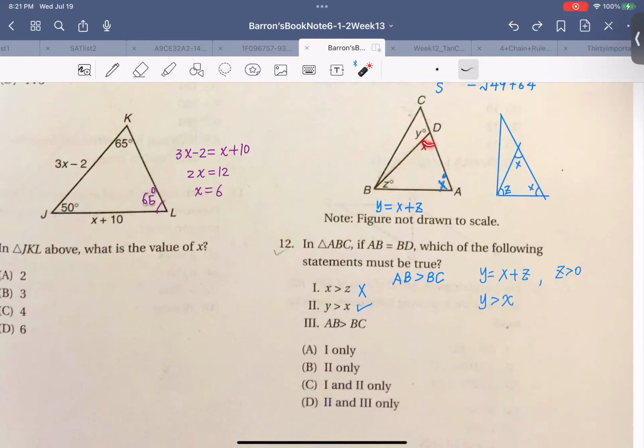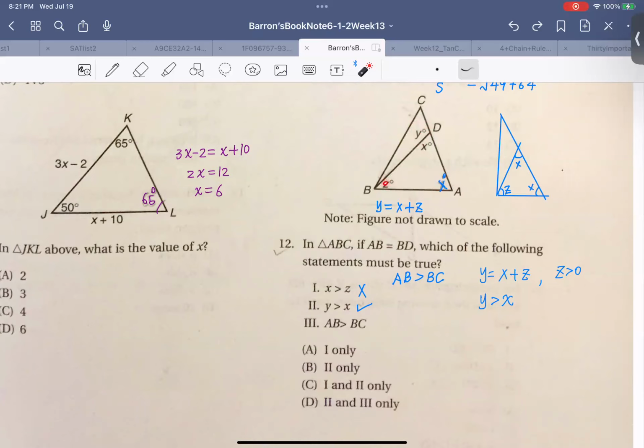So they have x degrees, x degrees. And they mark this one here to be y. Then your y is an exterior angle. This equals the sum of the other two. So y equals x plus z.